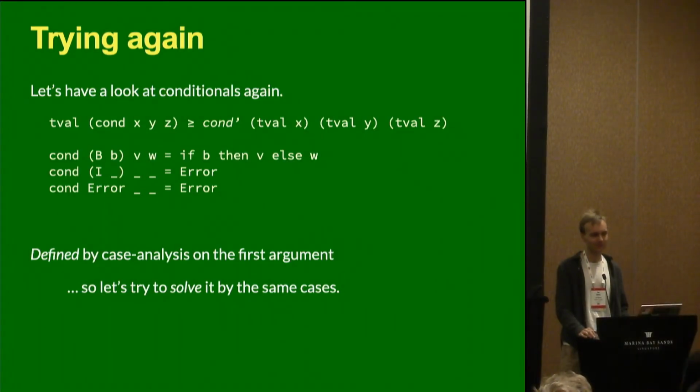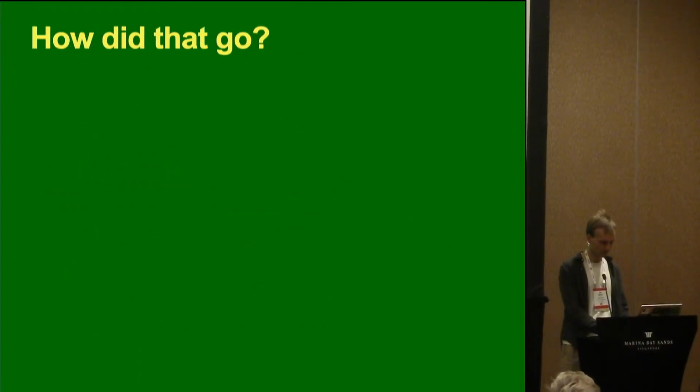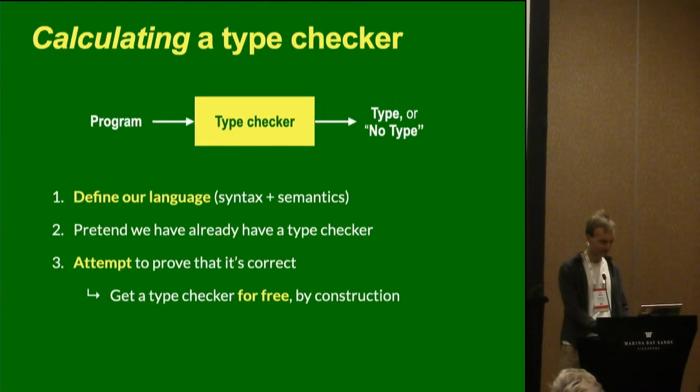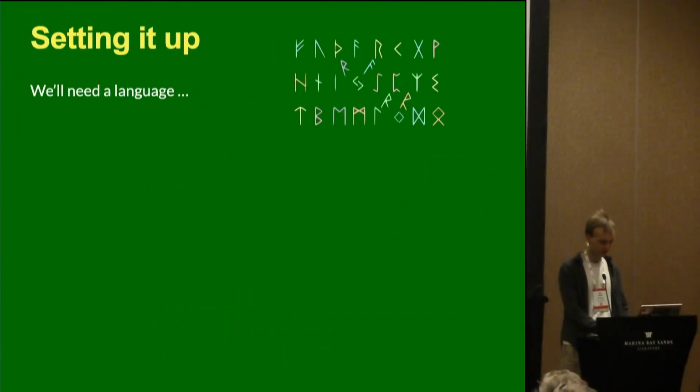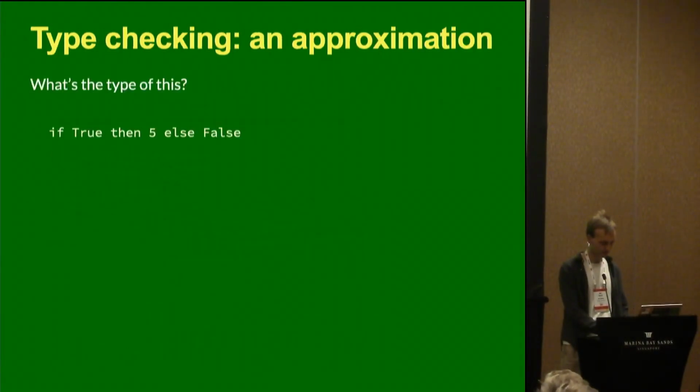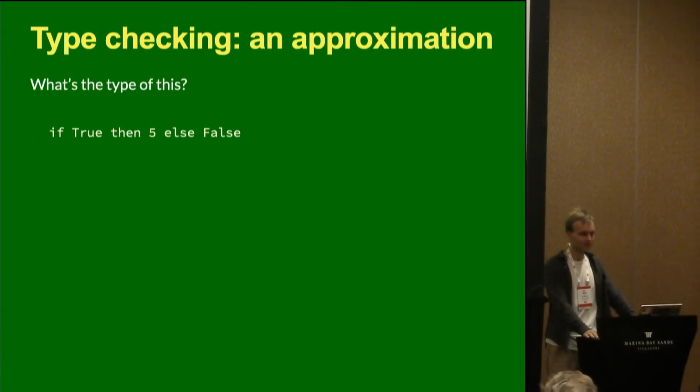So in one of your earlier slides, you have the expression, if true, then 5, else false. And that does not type check, or rather it produces the error type, because the greatest lower bound of int and bool is error.